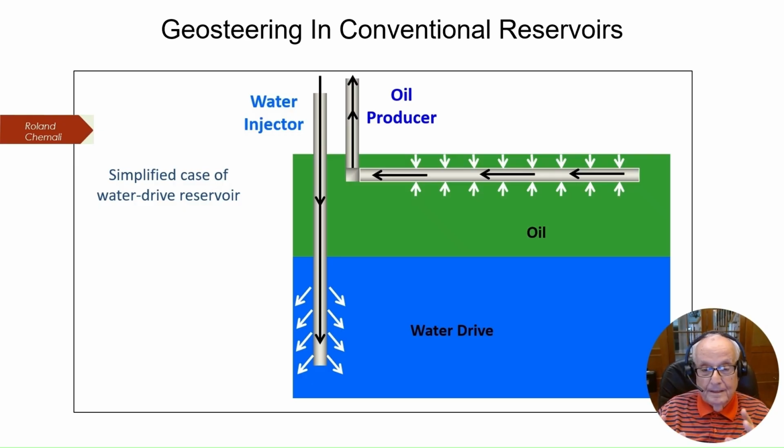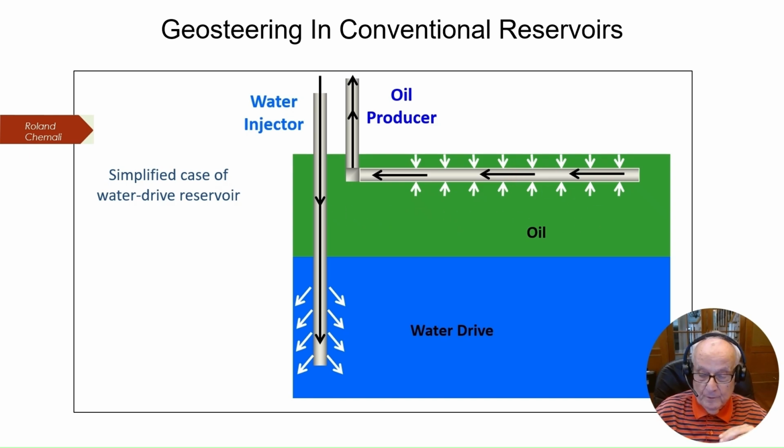Conceptually, geosteering in conventional reservoirs is based on a simple image. You imagine here that you have an oil producer that's high on the structure and a water injector. As the water drive, as the oil water contact climbs up, you sweep the oil effectively.